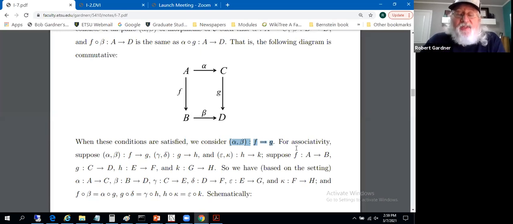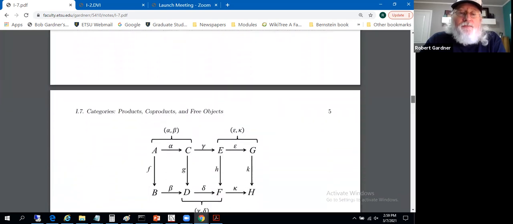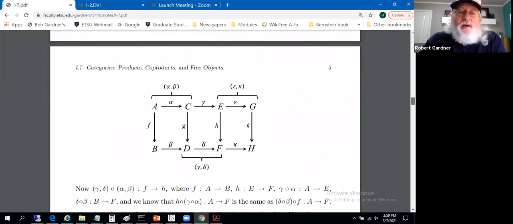Associativity, okay. Let's deal with associativity in terms of a picture. To check associativity, we'd have to have three morphisms. So our three morphisms in category D are ordered pair alpha beta, ordered pair gamma delta, and ordered pair epsilon kappa.